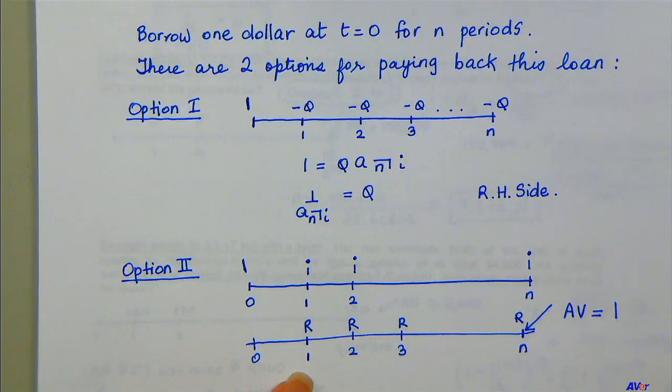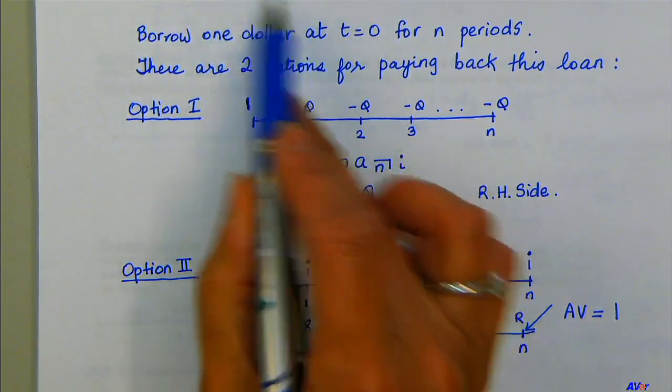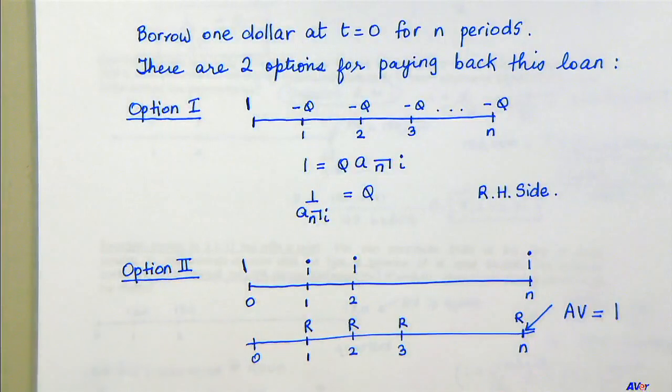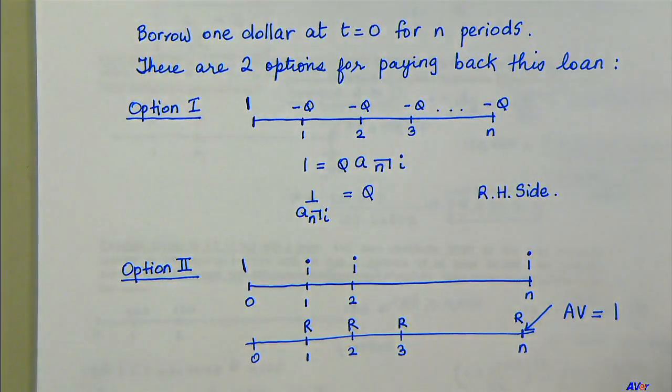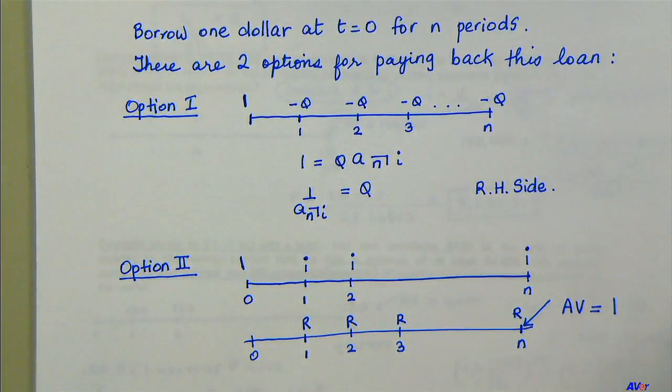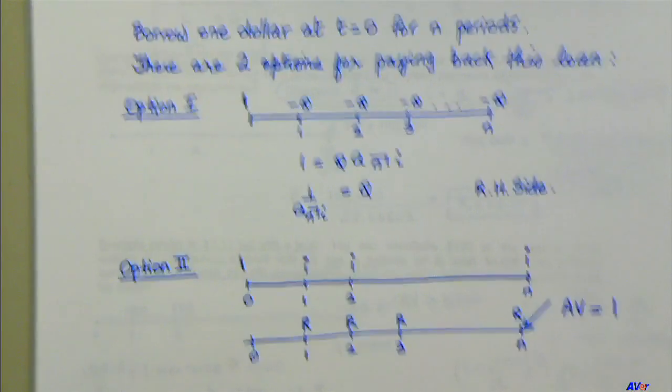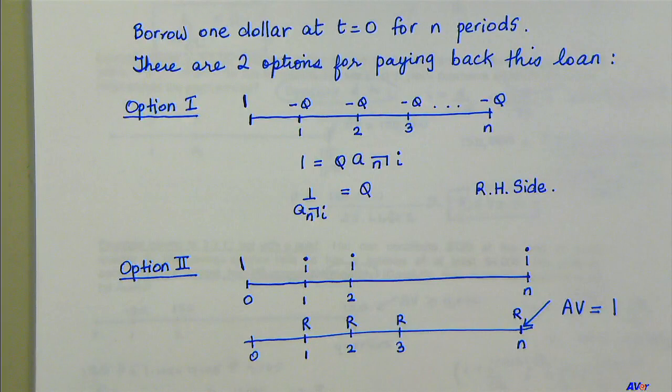Why? I feel like they are equal. They are equal. I'm telling you that when you take a loan, you have 2 options to pay back that loan. Either you can pay back Q, which is equal to 1 over a angle n i, n periods of equal payments of amount Q. Or you can say to the lender, listen, I'm only going to pay you interest every year.